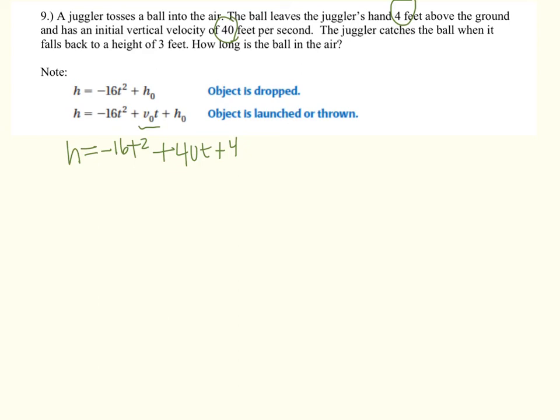Okay, so our ending height, they're saying that it's caught at 3 feet. So I'm going to plug 3 in here. And so we're going to have to get everything on one side.